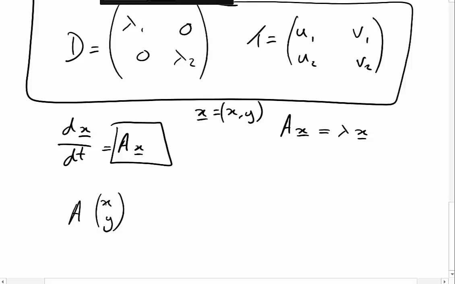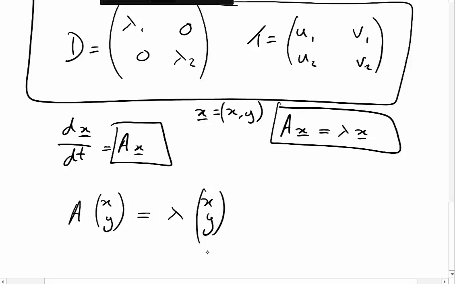So I'm looking at this equation, Ax equals lambda 1 times x, y. These two vectors are the same, and will end up becoming my eigenvectors U and V when I solve the problem.